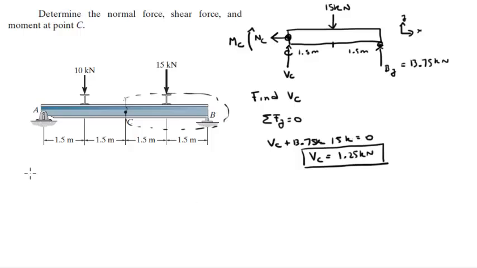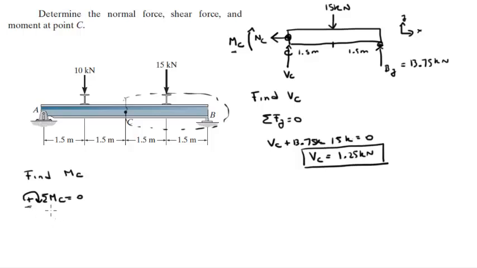Let's find the moment. Let's assume going clockwise is positive. The sum of the moments at C is equal to 0. I always like to assume the same I assumed here. I assume that MC is going clockwise, so I assume the same thing here.